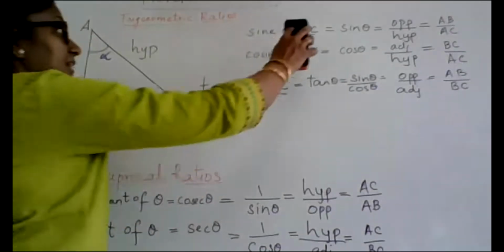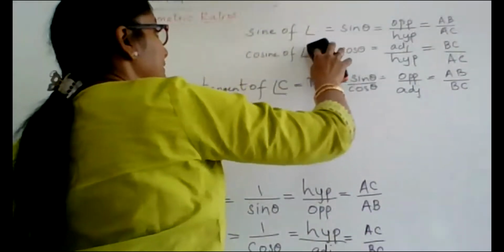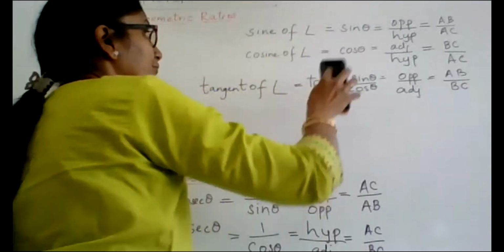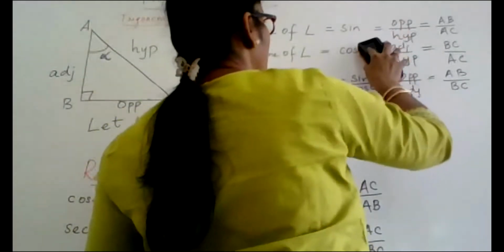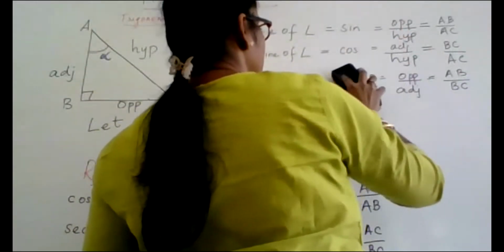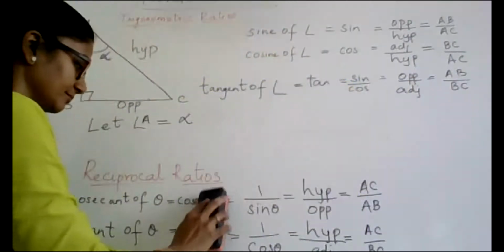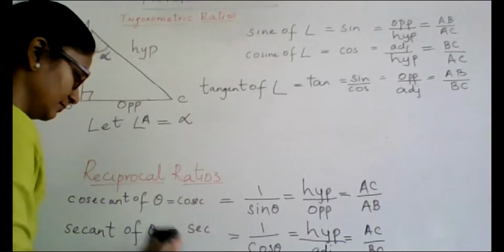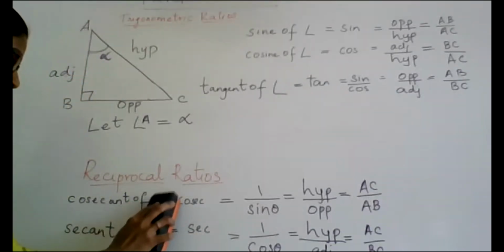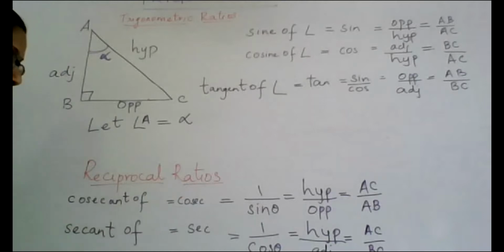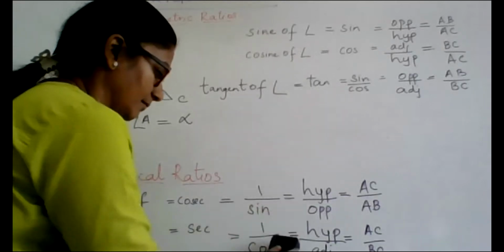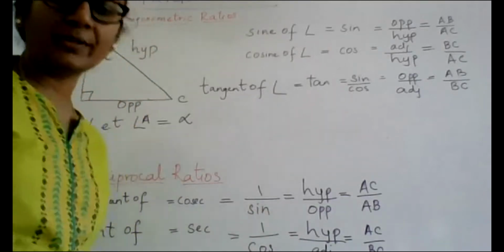Wherever you wrote C, you have to rewrite it as A, and wherever you have marked theta, you will call it alpha now. So make that change everywhere.